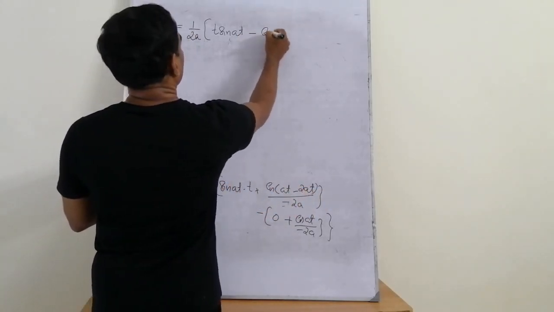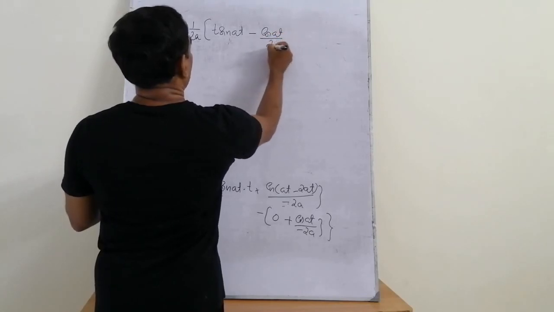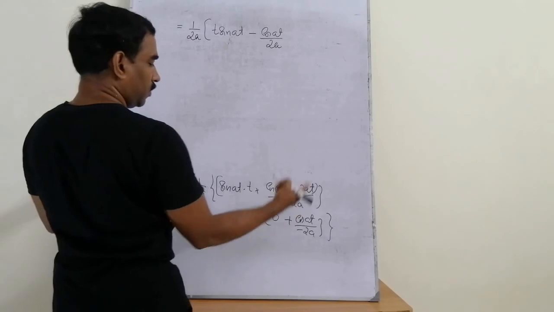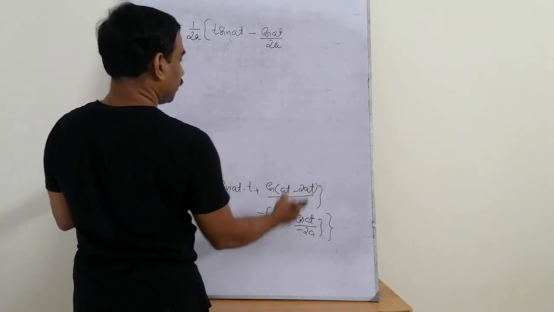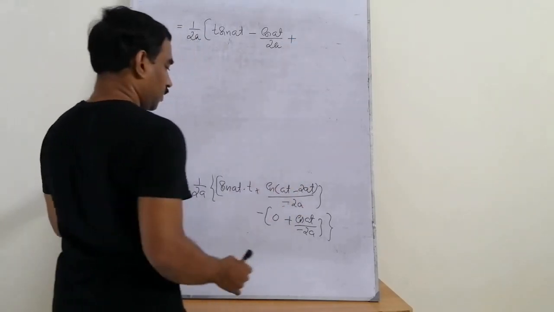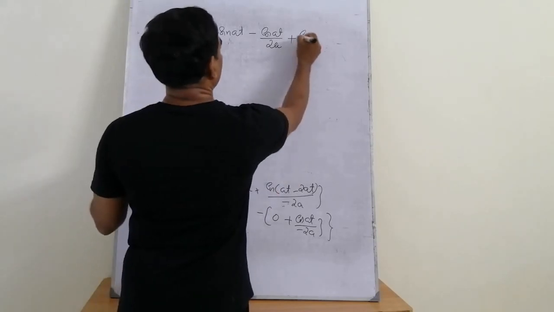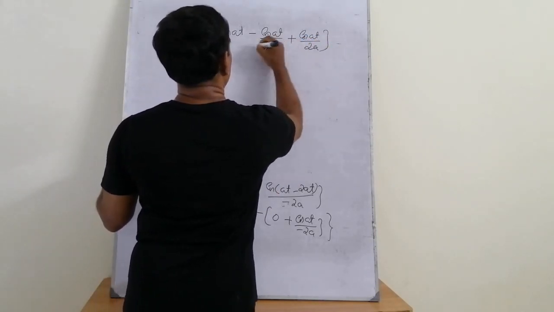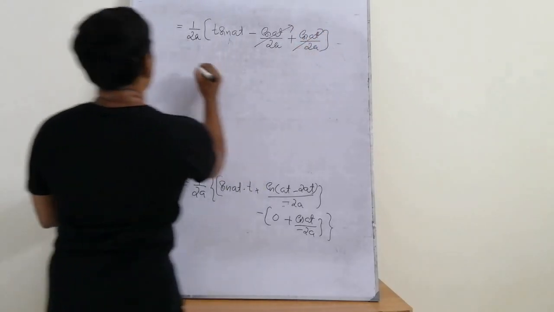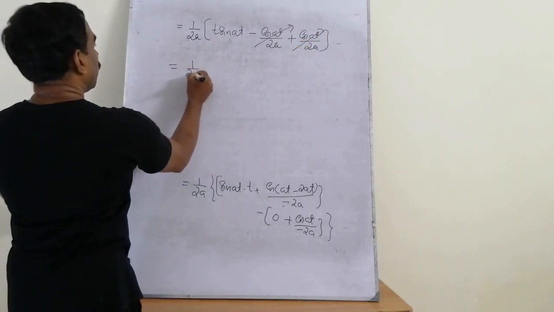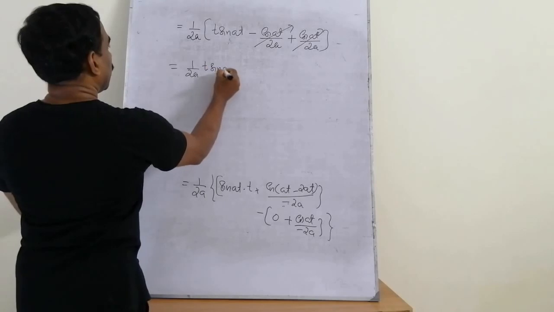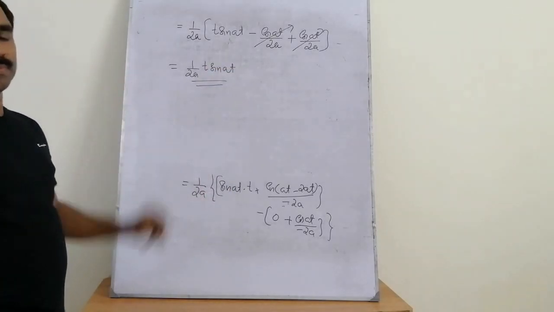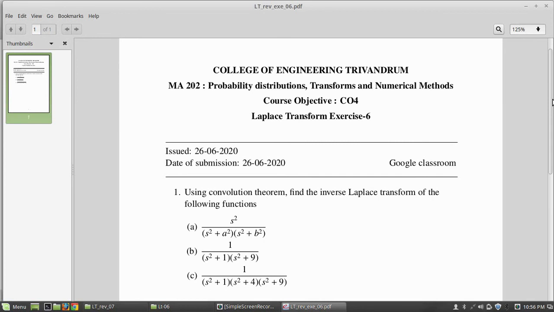So this is minus cos a t divided by 2a, minus cos a t divided by minus 2a, that is plus cos a t divided by 2a. So cancelling these two expressions, we get the answer as 1 by 2a into t sin a t. So this is the required inverse Laplace transform. Try these exercise questions.